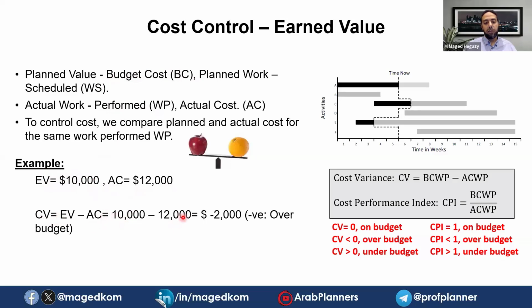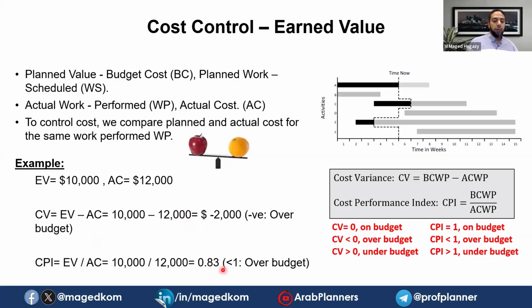It's 10,000 minus 12,000. It is negative 2,000. Negative means over budget. Spent 2,000 more. In terms of percentage, the CPI is 0.83. So we can know now in terms of percentage what's the difference and how far we are from the budget cost.